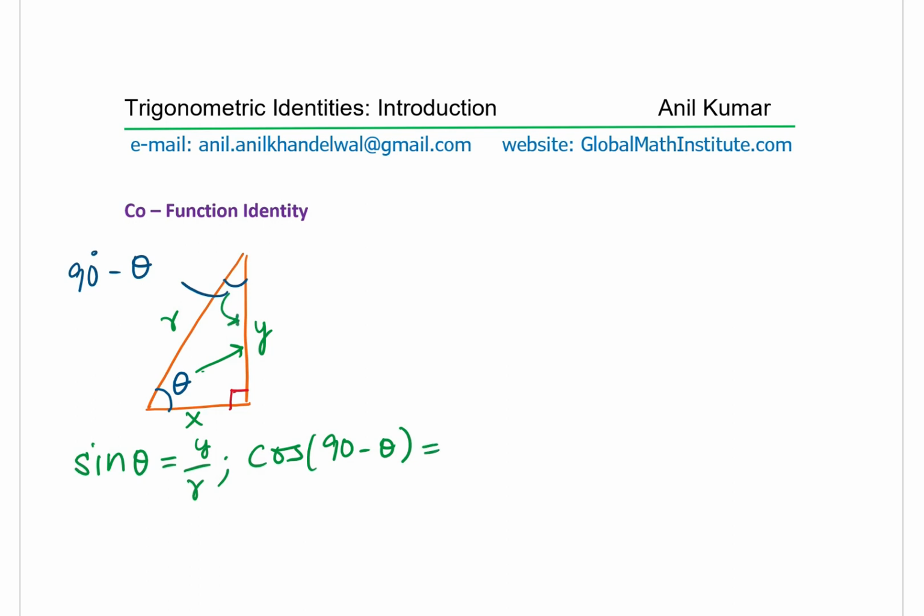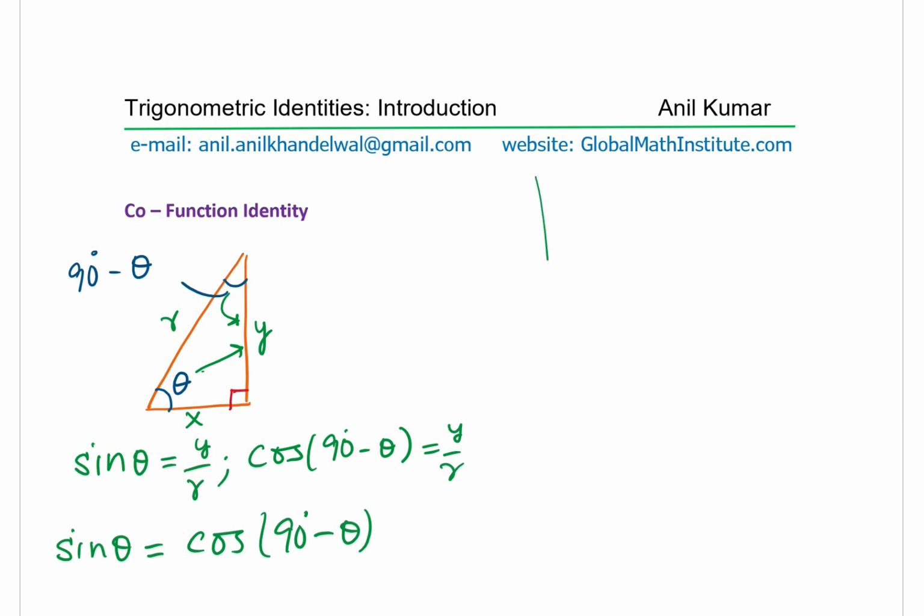It is also equal to y over r. So what you notice here is that sine theta is equal to cos of 90 degrees minus theta. So sine becomes cos when we're talking about 90 minus theta because we're looking from the other side of the right triangle. So opposite becomes adjacent, adjacent becomes opposite side.